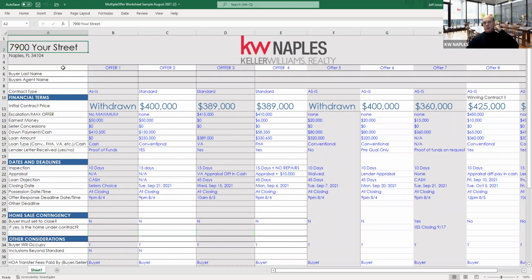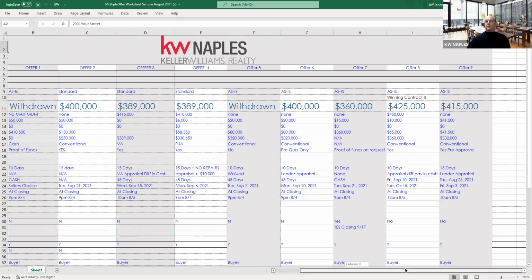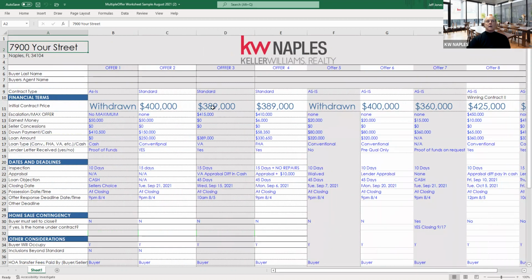Here you can see we have 9 offers in the process of negotiating. 2 of them were withdrawn. They either found something else or they decided that they didn't want to be involved in the bidding anymore.